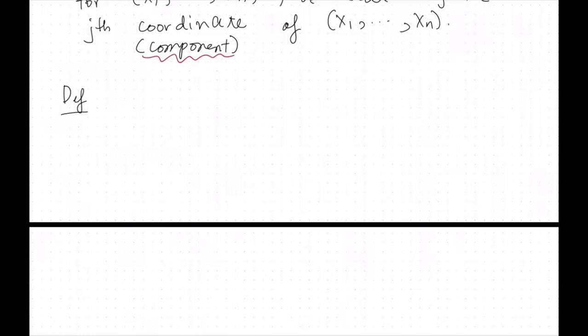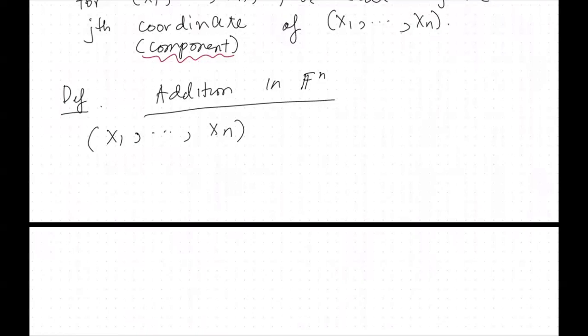But before the proposition, how do we add lists? So we define addition in our F to the n. If we have x1 up to xn, the first list, and then the second list is y1 up to yn.